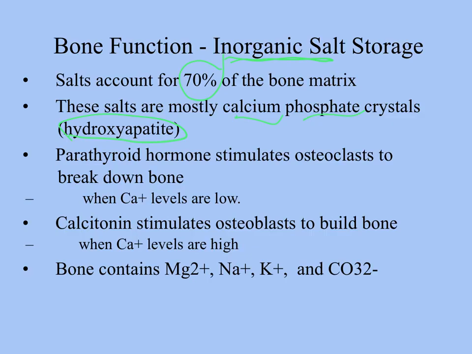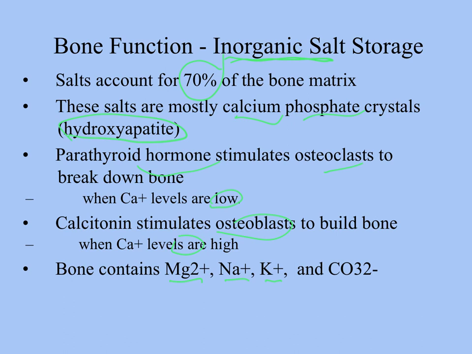As shown in the previous slide, the parathyroid hormone will stimulate osteoclasts to resorb bone when calcium levels are low. Calcitonin will activate osteoblasts to build bone when calcium levels are high. But your bone also contains significant concentrations of magnesium, sodium, potassium, and carbonate.